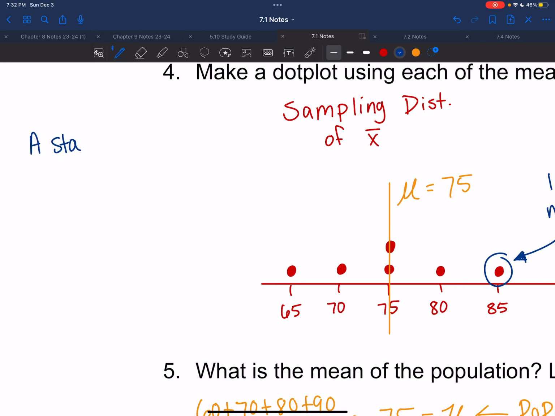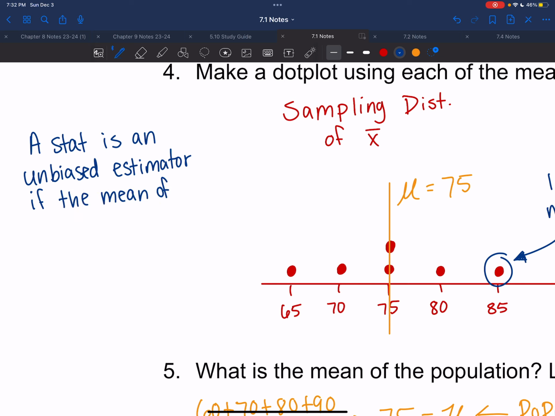So I'm going to write this out. A statistic is an unbiased estimator if the mean of the sampling distribution equals the parameter.